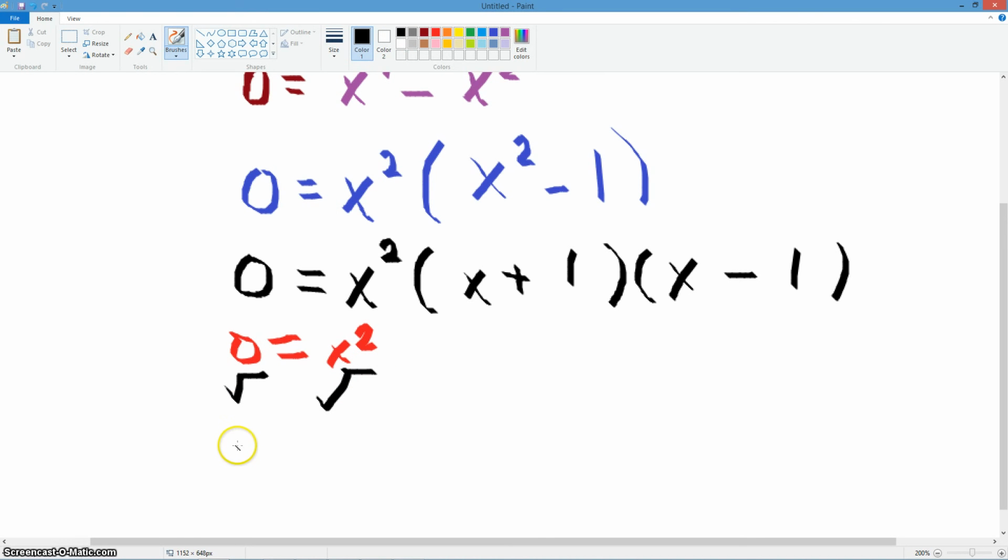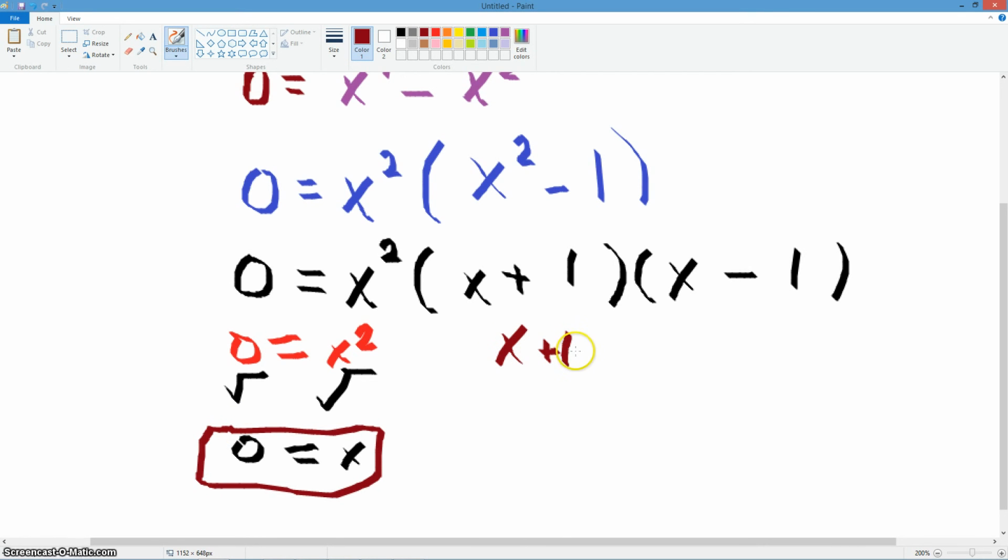And I get 0 equals x, because the square root of 0 is still 0. Okay, so that's my first one. This one, x plus 1 equals 0. Move this plus 1 to the other side, x equals negative 1.